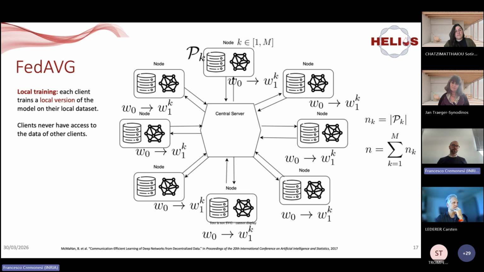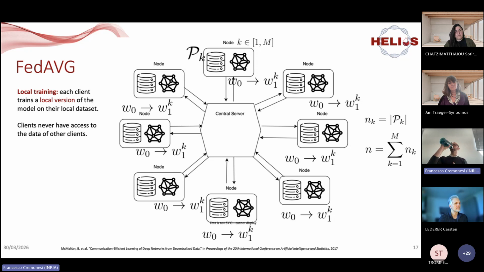And then crucially, every hospital will run this learning algorithm that I mentioned, this idea of computing a prediction and updating the model a little bit based on the error, and then computing a new prediction for another sample, re-updating the model, and so on. Every hospital will run this process for a small but set and decided number of times locally.